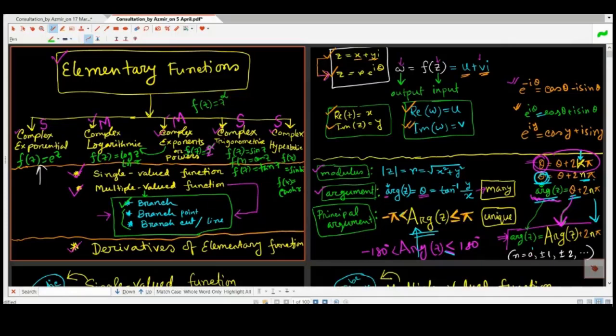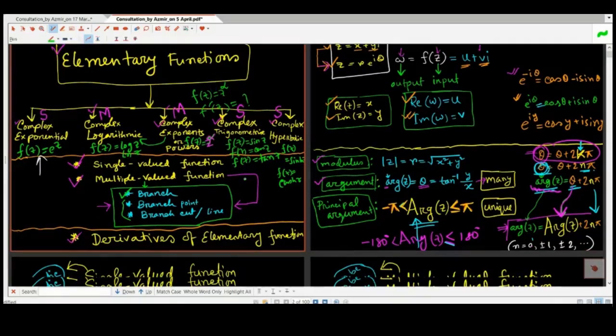So that's why it is again a multiple valued function. If we have to make it a single valued function, we need only one branch by defining a specific angle. For n equals 0, we will get the principal branch. Then only we can find f prime of z.